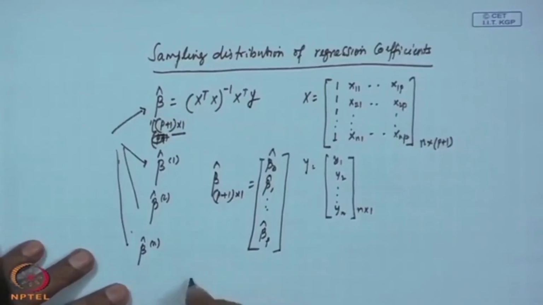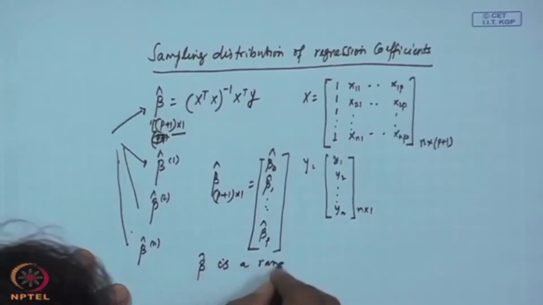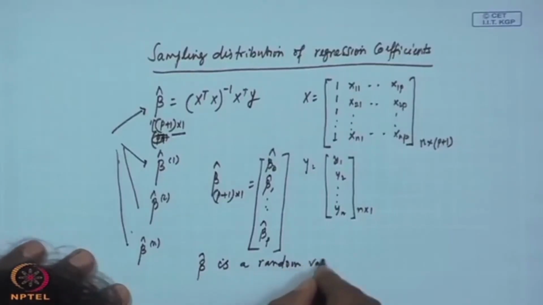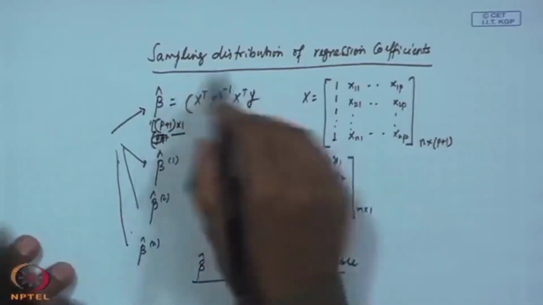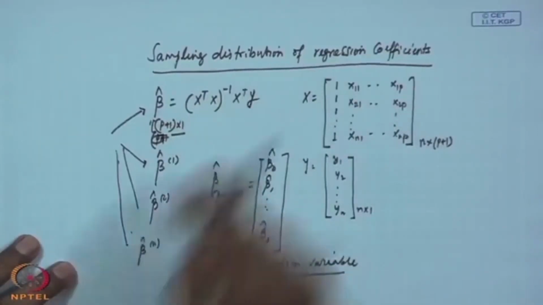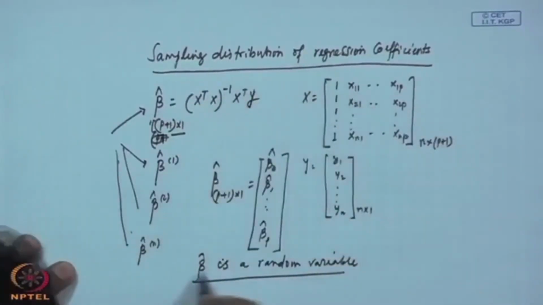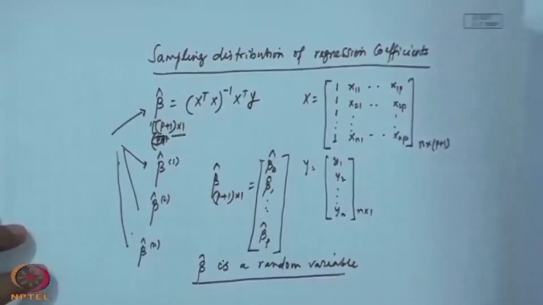So beta cap is a random variable, and we want to know its distribution, which is the sampling distribution of the regression coefficients. Then using the distribution of beta cap, we will derive the confidence interval and other things.